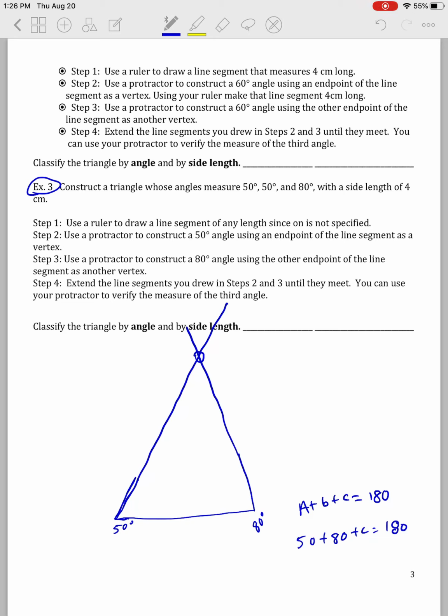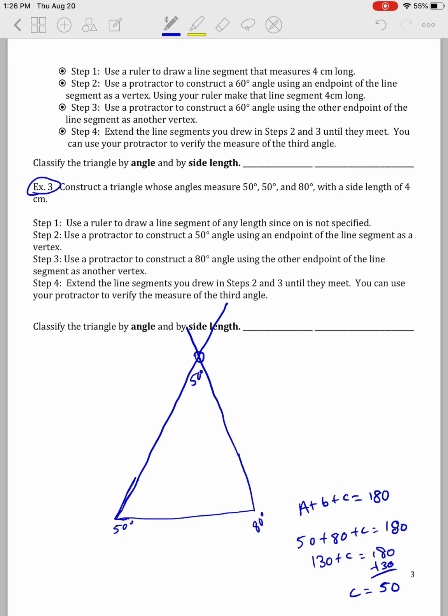What is C? Well, 80 plus 50 is 130. So that means C has to equal 50 degrees. Okay?